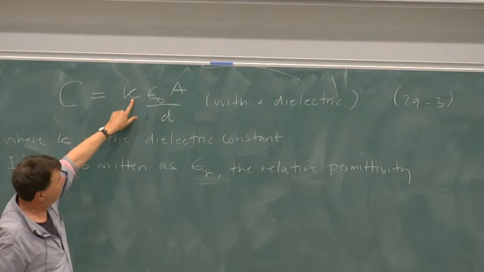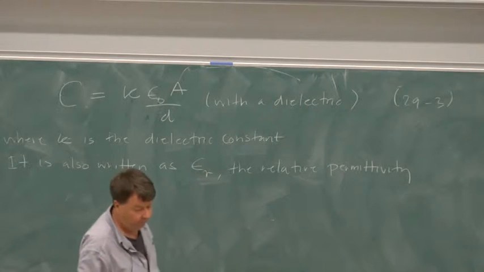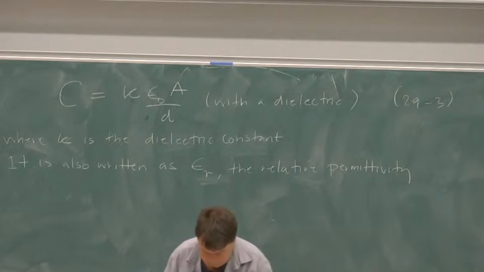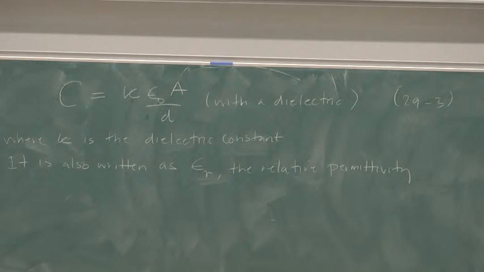We can write this either as kappa or as epsilon r, the relative permittivity. Just because it's a long time ago that you did that, and I'm going to be pursuing materials in parallel plate capacitors for certainly the rest of this lecture, and using the results in the next lecture.